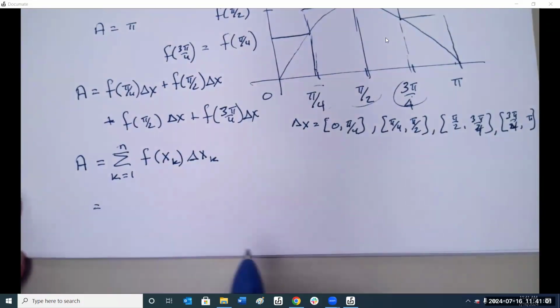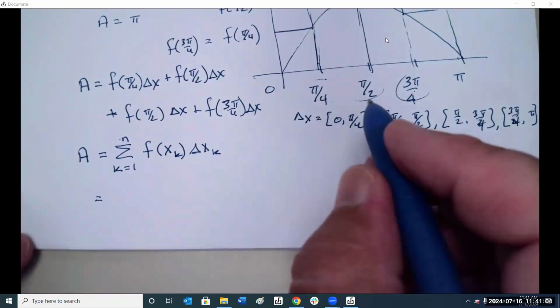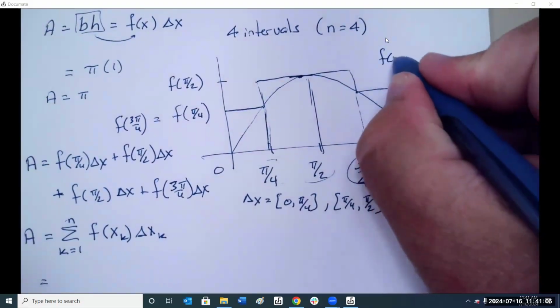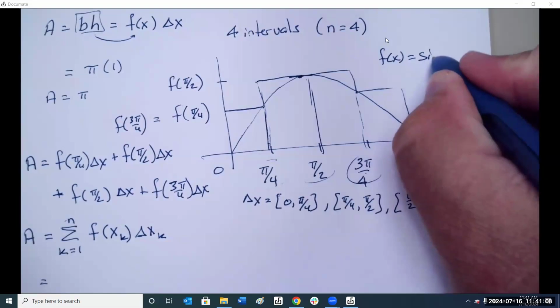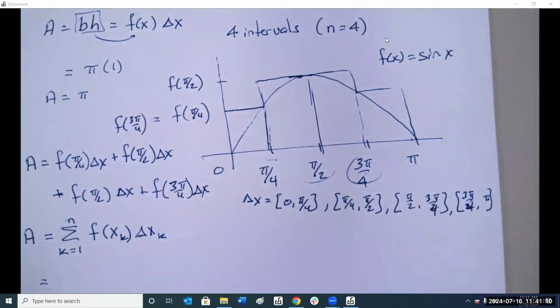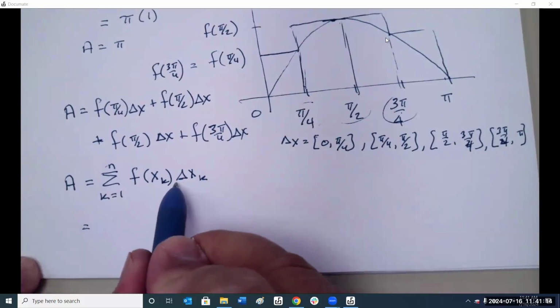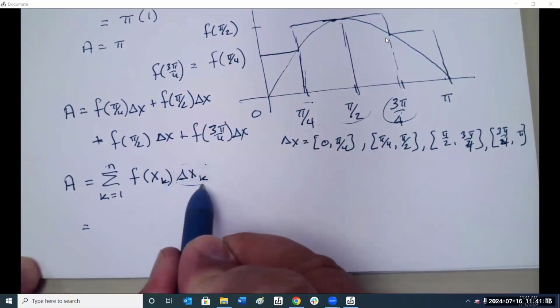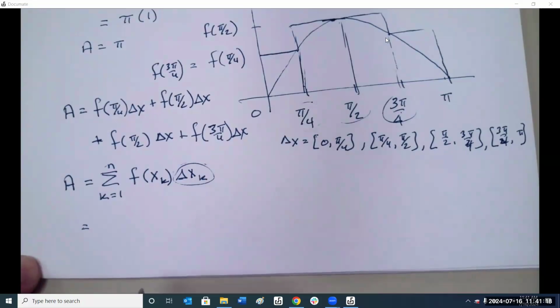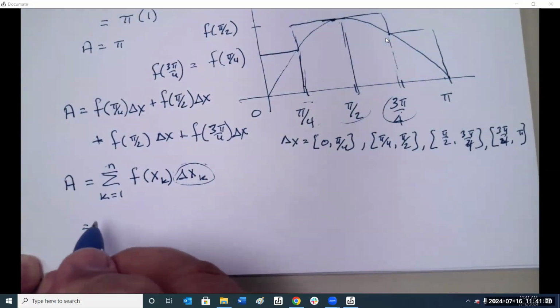So for our case, what's our function? Our function is the sine of x. Since all of the delta x's are the same, we can bring those out in front.